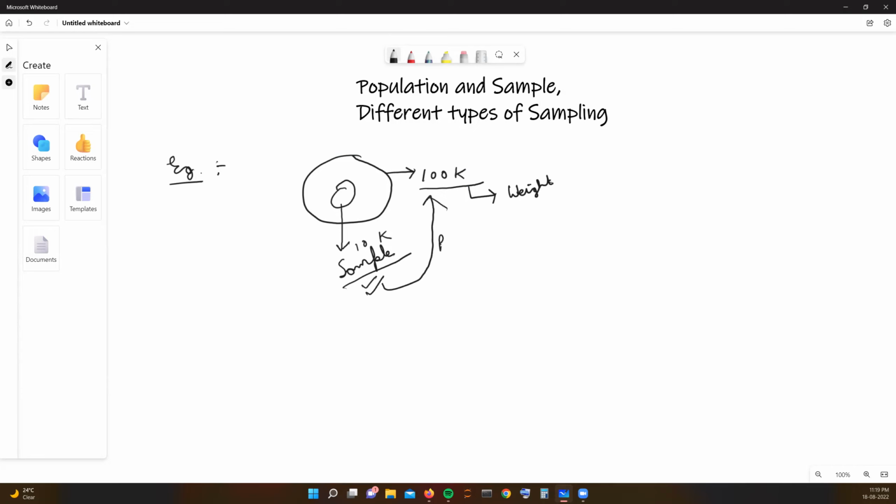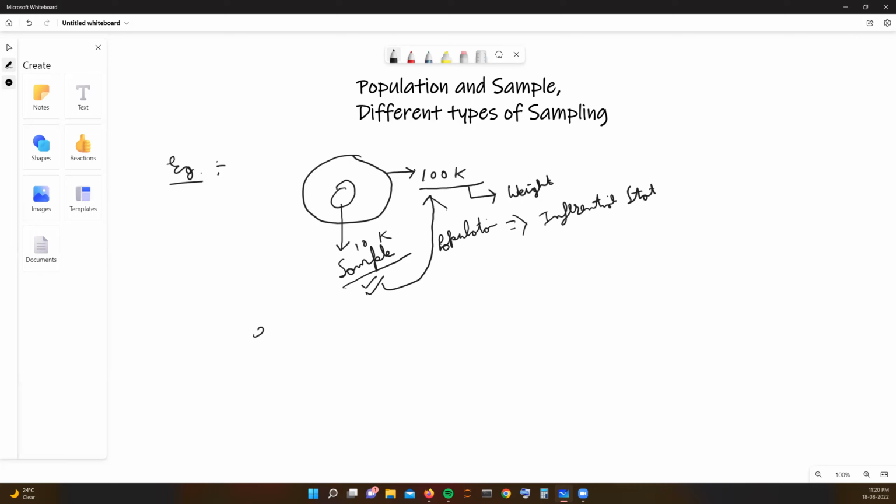He can get some conclusion points about the weight of this complete population by using inferential statistics. So this is population and sample. Getting the whole data is sometimes not possible, so for reducing the work, the sample comes into the picture.